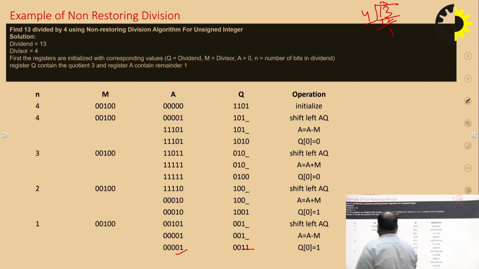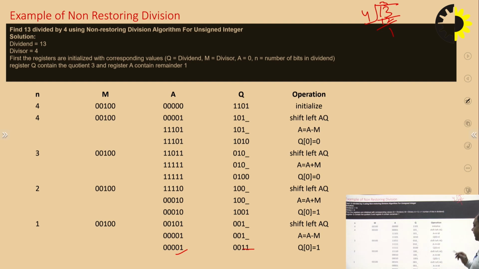First we check the value of A, which is 0, so we do A = A - M. After doing A - M, we check the sign bit of A, which is 1, so we append 0. After appending the 0, we again do the left shift. When the bit is 1, we do A = A + M, and after doing A + M, we append 0 because the sign bit is 1.